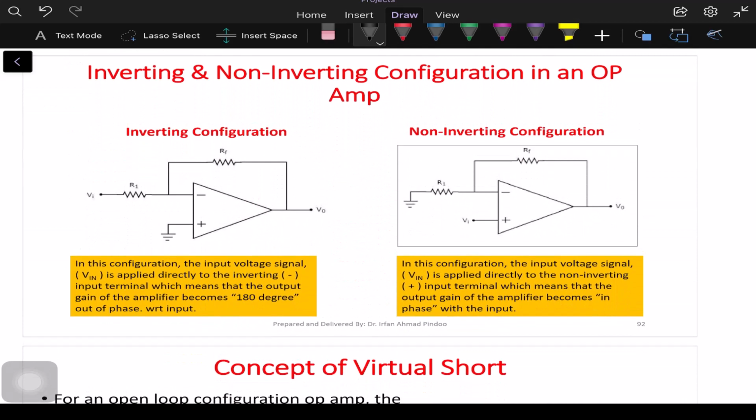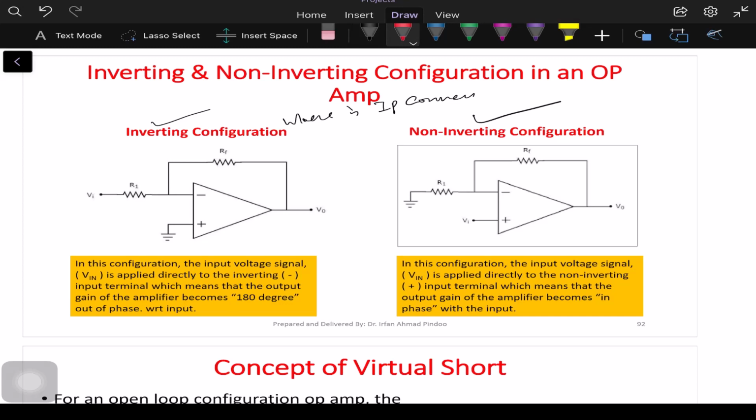Furthermore, once we discuss negative feedback, we can have connections in two ways: inverting configuration and non-inverting configuration. This is based on where the input is connected.